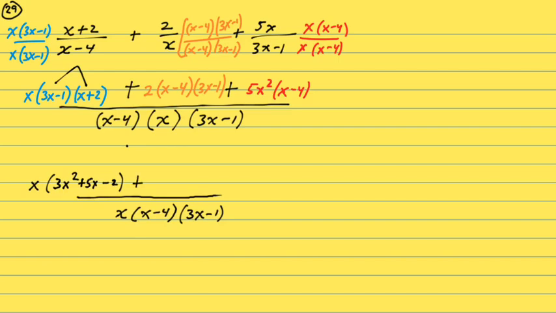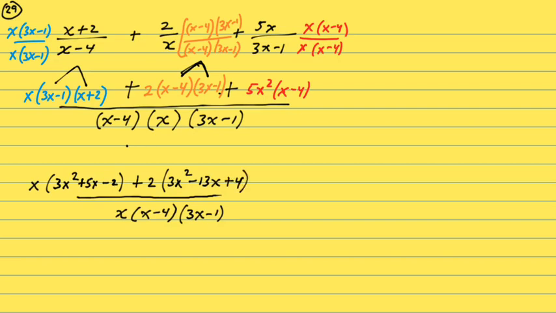And then you have a plus 2 times, this would be 3x squared, that'd be negative 12x, and negative 1x is negative 13x. That's multiplying these together.